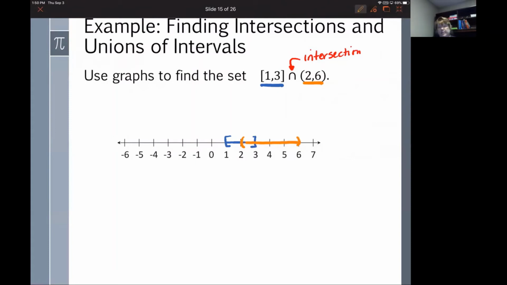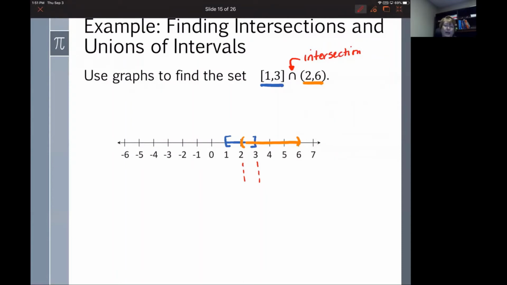Now the intersection of these two sets is where these two sets overlap. And where do they overlap? They overlap from here to here, so from 2 to 3. But on the 2, we have a parenthesis, and on the 3, we have a bracket.